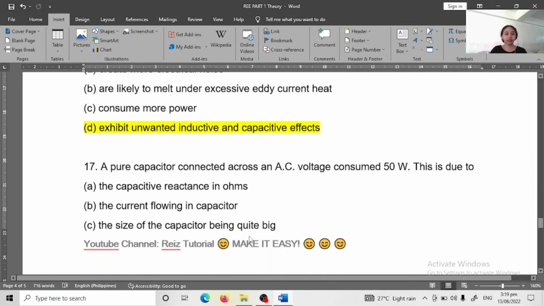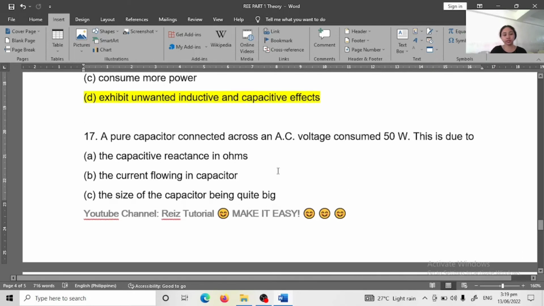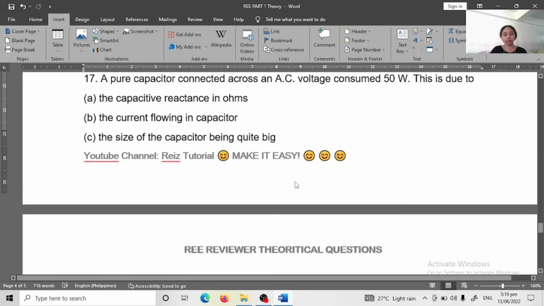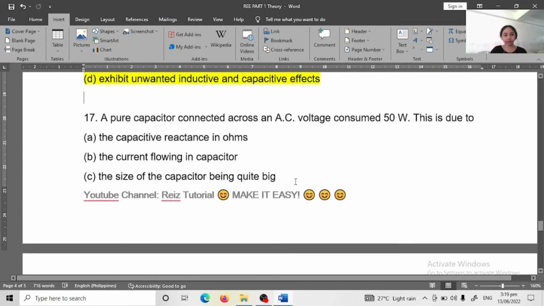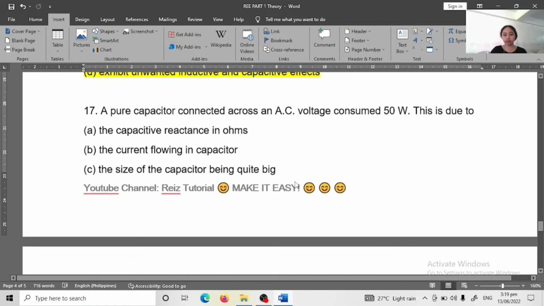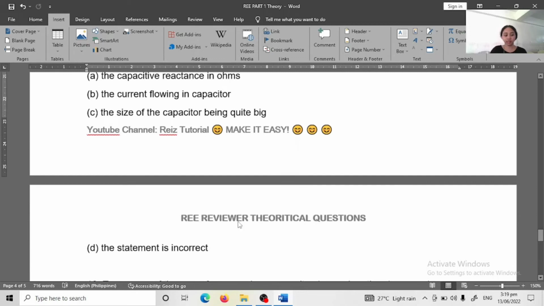So number 17. A pure capacitor connected to the AC voltage consumes 50 watts. This is due to A. capacitive reactance in ohms, B. current flowing in the capacitor, C. the size of the capacitor being quite big, D. the statement is incorrect. So the answer for number 17 is the statement is incorrect.